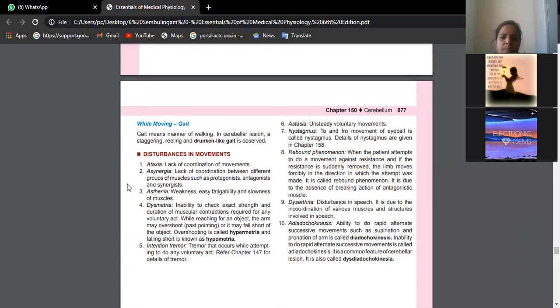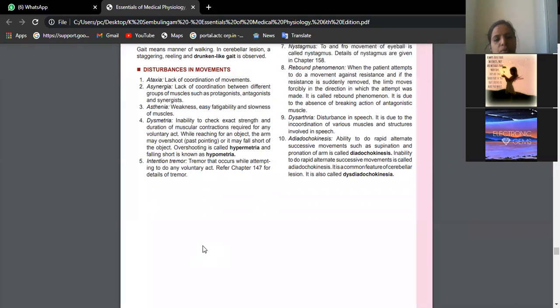Rebound phenomenon: the person attempts a movement against resistance, and if the resistance is suddenly removed, the limb comes back in the original direction as though it is rebounding. Dysarthria, disturbance of speech. Adiadochokinesia, where the person is not able to do fast pronation and supination movements. So that is all about the cerebellum.